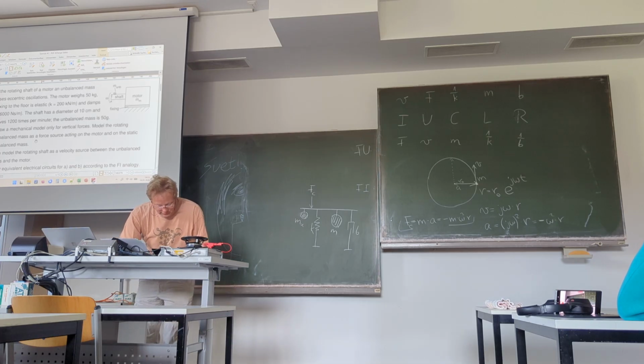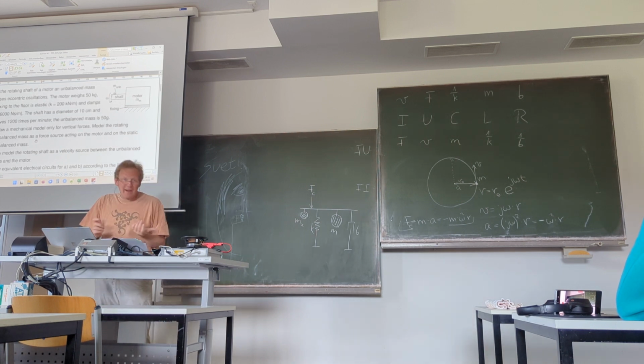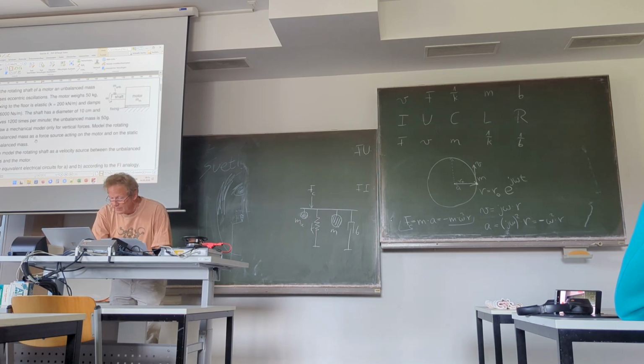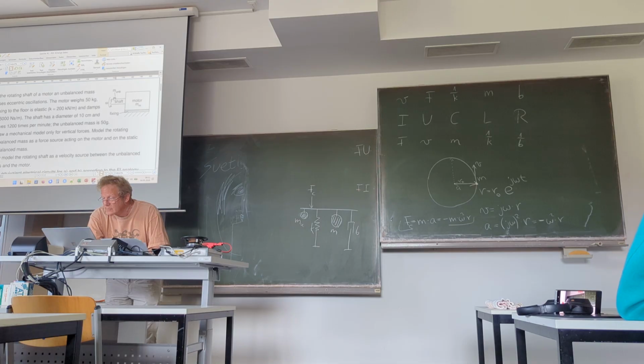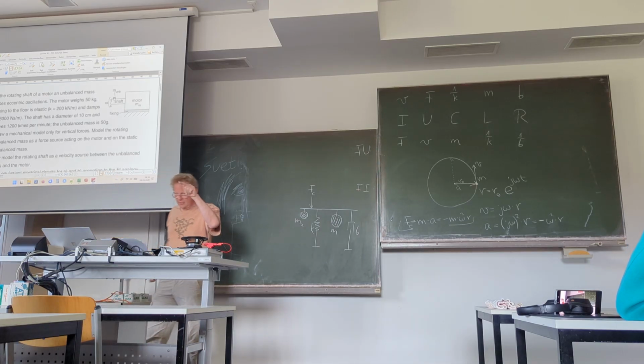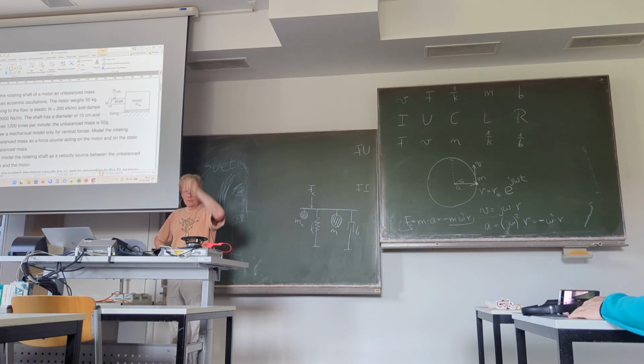We have already written down the values of the force. Okay, that's fine. But another idea: we could also say this unbalanced mass is moving around. That means the position of this unbalanced mass is rotating between up, down, up, down, always the same movement.